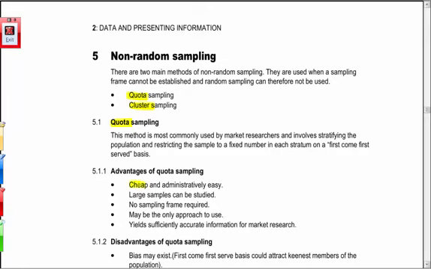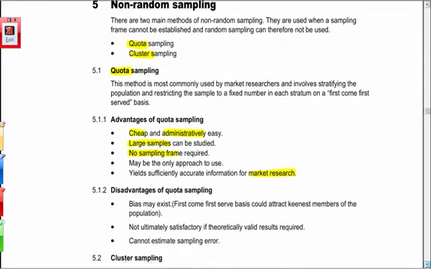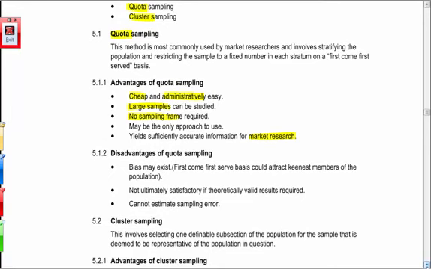This means that it's fairly cheap and quite easy to administer. You can have a large sample if you need to, because you can just extend the number, and you don't need a sampling frame. And in some particular cases, it might be your only approach. And if you're collecting opinions where you haven't stratified the population or you can't, then actually it could be fairly accurate. The problem is that bias might exist.